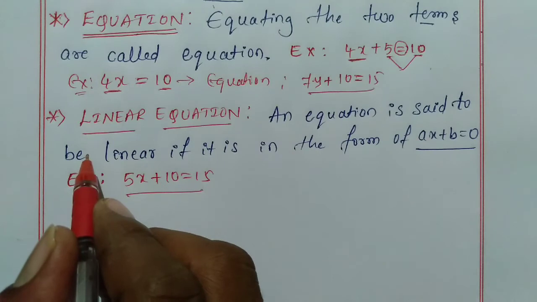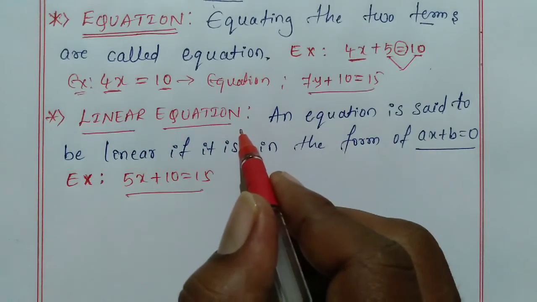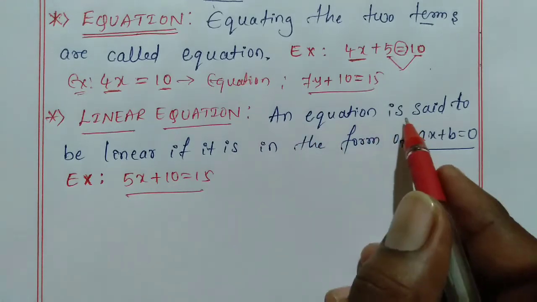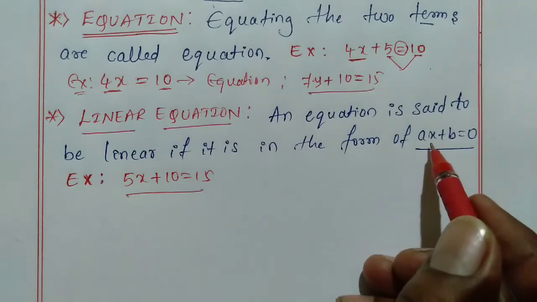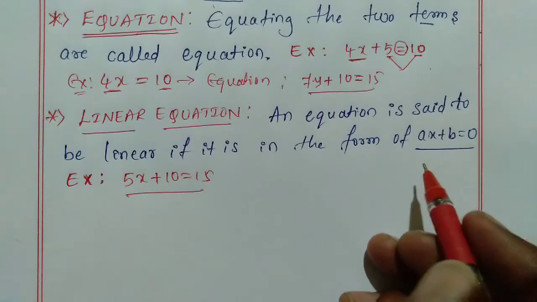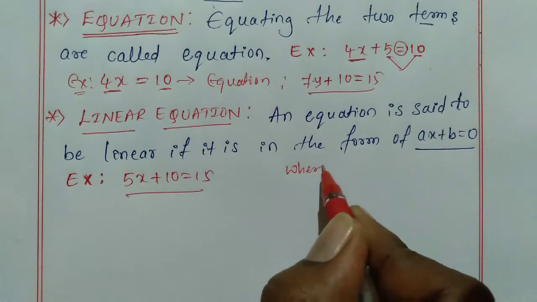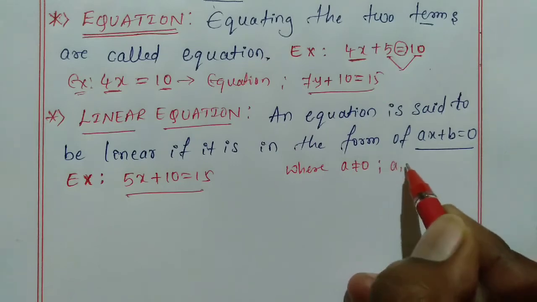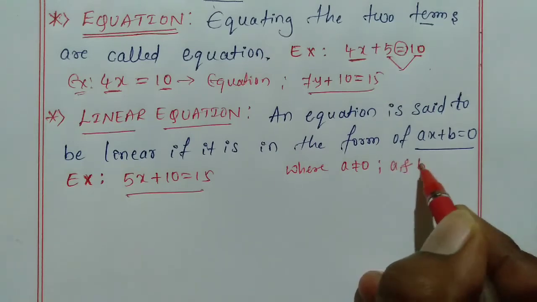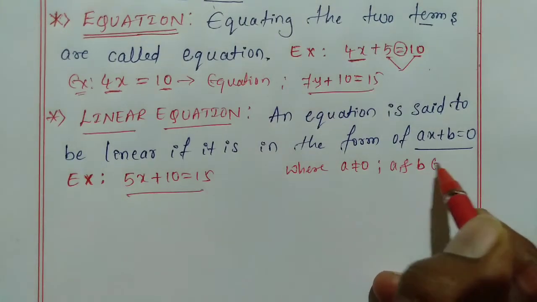Next I will explain the linear equation. An equation is said to be linear if it is in the form ax plus b equal to 0, where a is not equal to 0, and a and b are real numbers.